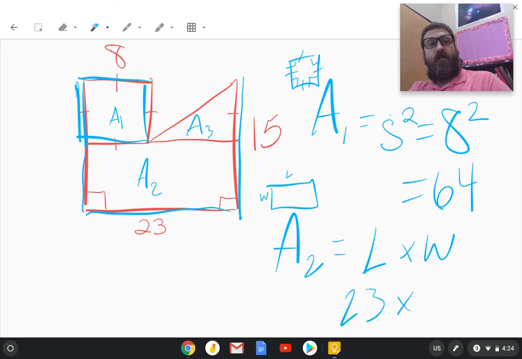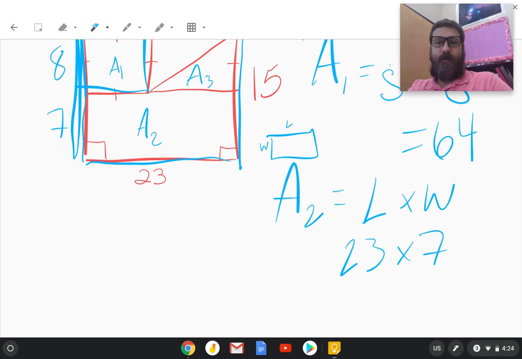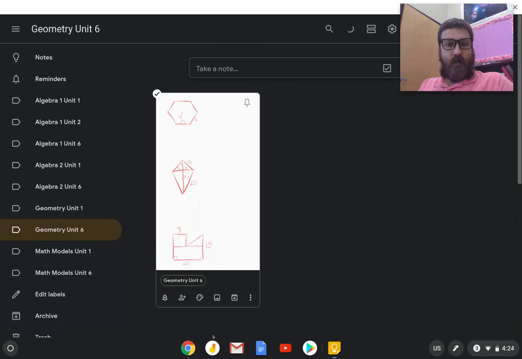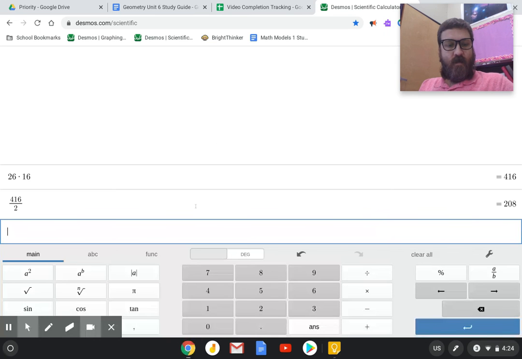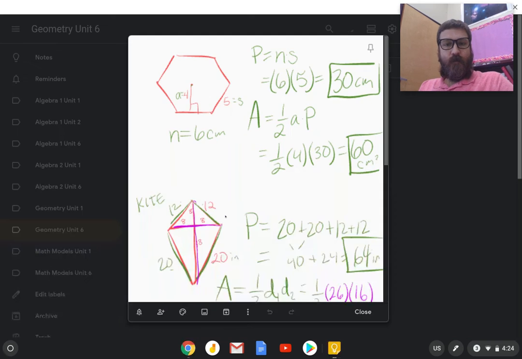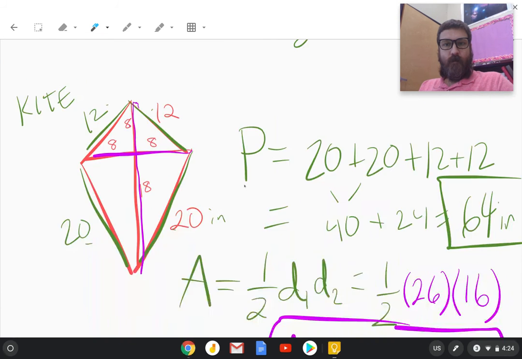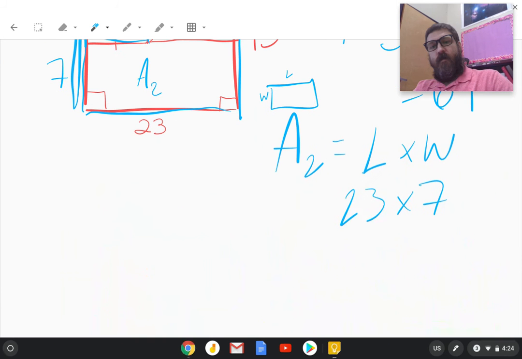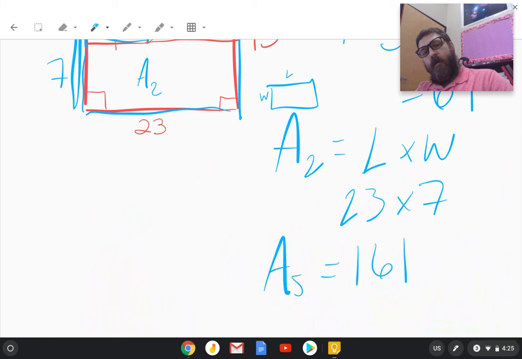We know this is 15. We know this is 8, which leaves 7 for this. So that's our width, 7. Do 23 times 7. Gives me 161. So that's our second area, area 2, 161.